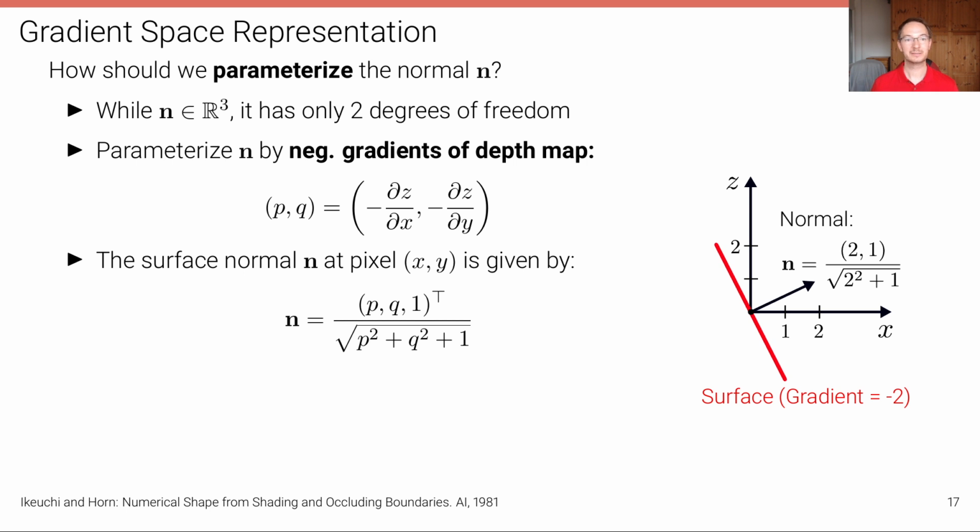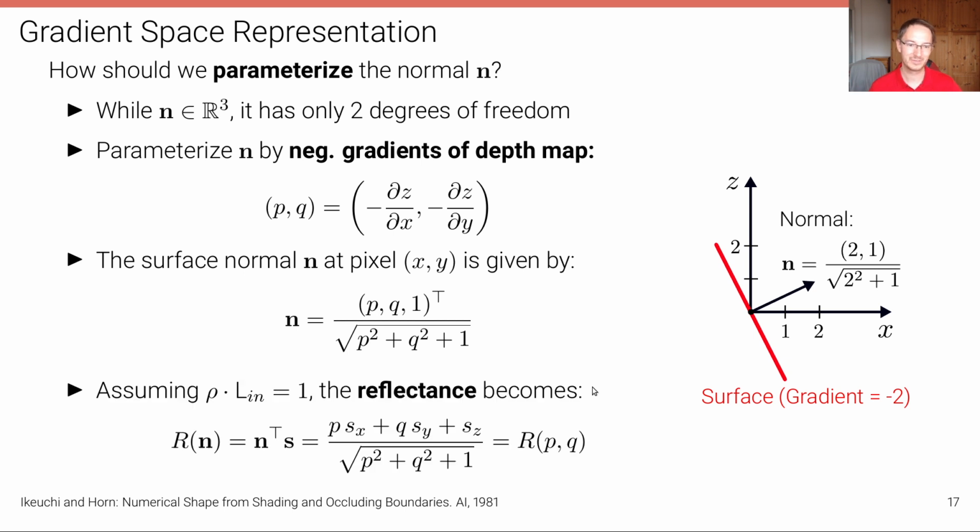If I give you the gradients of the depth map, you can tell me the normal by applying this equation. And similarly, if you give me a normal, I can convert it into the P and Q values.